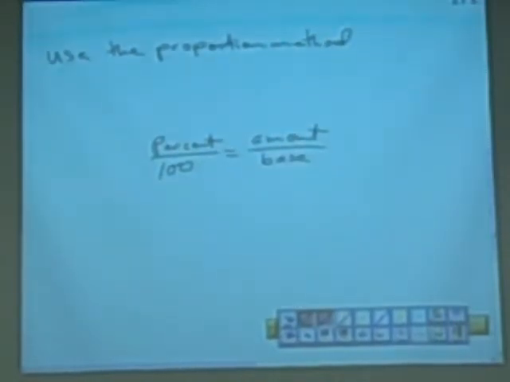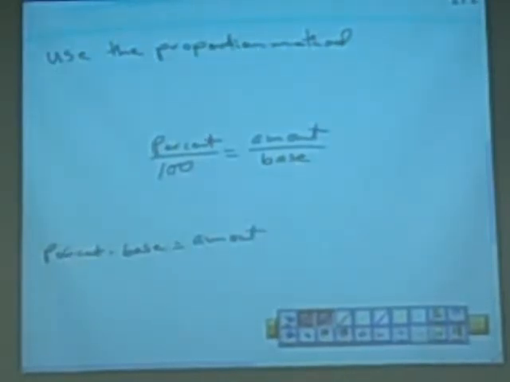Now, if we were to look at our original equation, percent times base equals our amount.